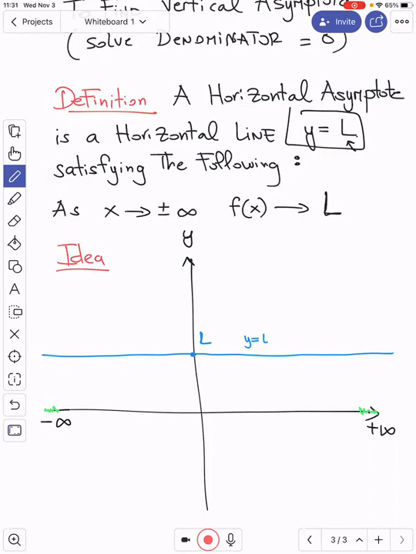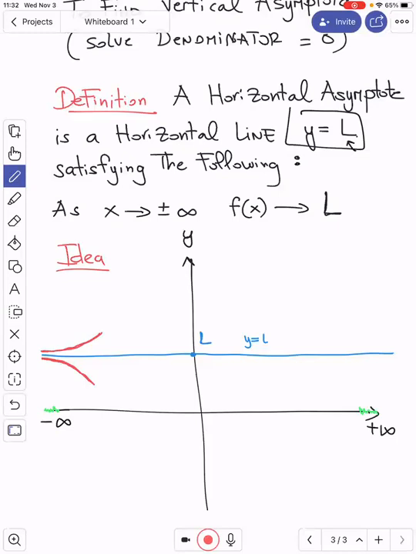So the graph is going to be close. It doesn't touch, it doesn't cross this line, y equals L, but it's going to be as close as we want. Or it can be on the other side, something like this here, or at positive infinity.